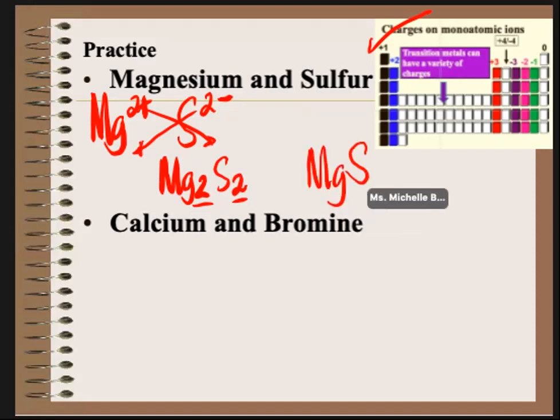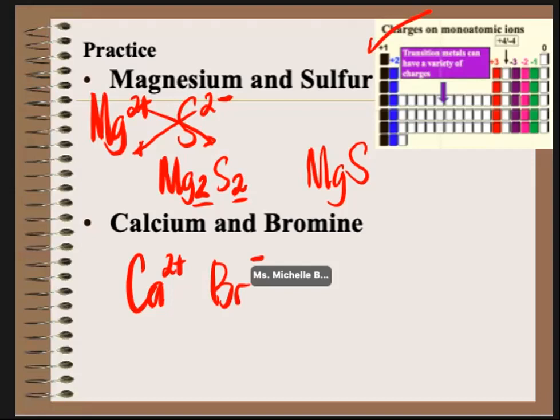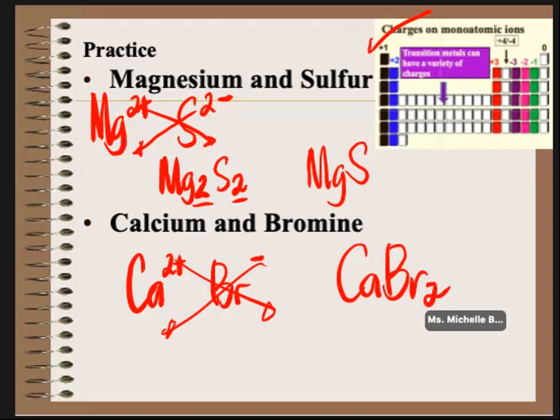Okay, next, we have calcium and bromine. Ca, 2 positive, and we have bromine, 1 negative. We crisscross again, we have CaBr2. Again, we write the cation first, followed by the anion. Did you get that? I hope that's clear.